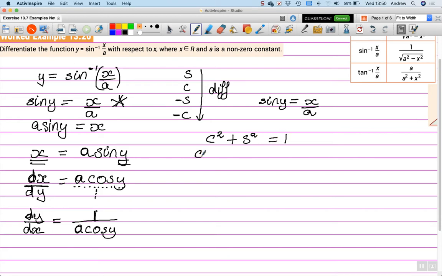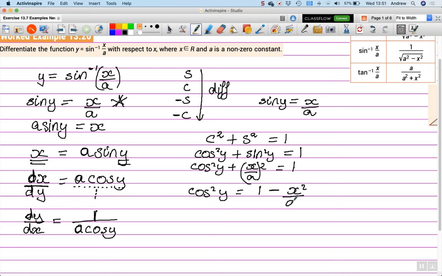So therefore cos squared y plus sine squared y is equal to 1. So I've now got cos squared y plus x over a all squared is equal to 1. So cos squared y is equal to 1 minus x squared over a squared.